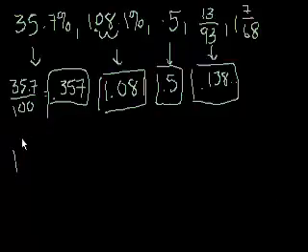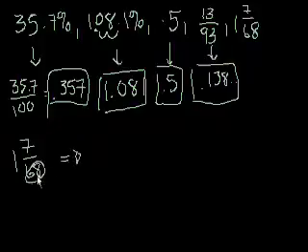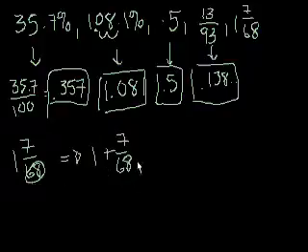So 1 and 7/68. To go from a mixed number to an improper fraction, you take the 68 times 1 and add it to the numerator here. And why does this make sense? Because this is the same thing as 1 plus 7 over 68, right? 1 and 7/68 is the same thing as 1 plus 7 over 68.